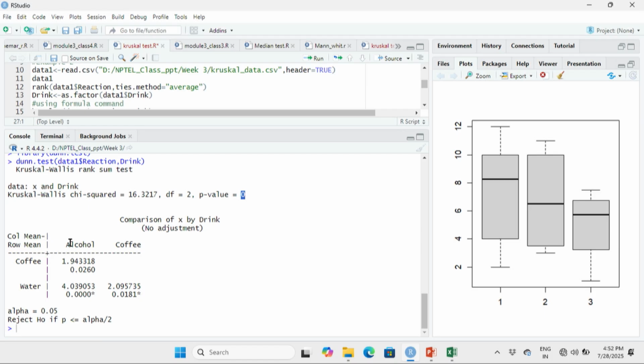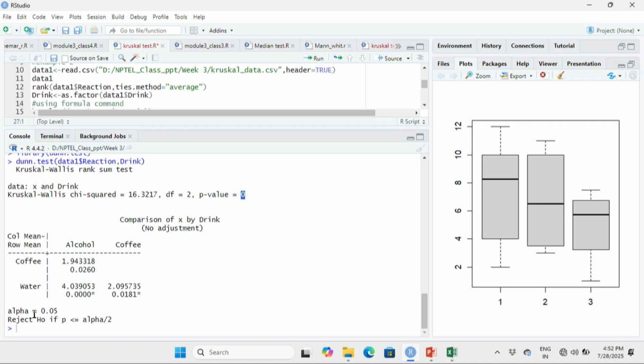Similarly, for water and alcohol, you see that the p-value turns out to be 0.0000. It is extremely significant. That is why that star appears. So, if you stick to less than 0.05, then the median for water is not at all equal to the median for alcohol. Similarly, for water and coffee, here also you will find that star.